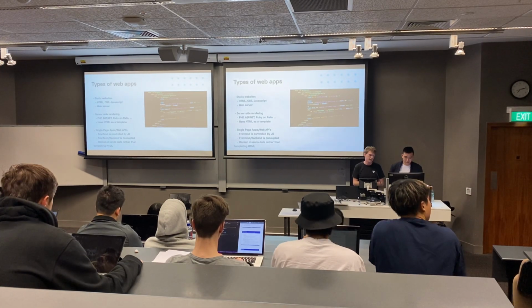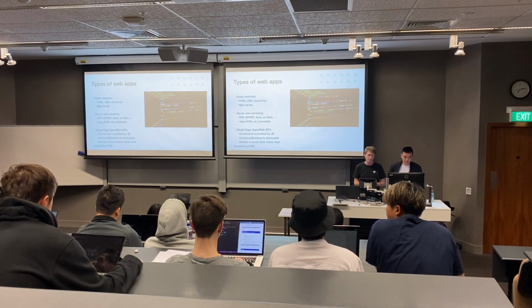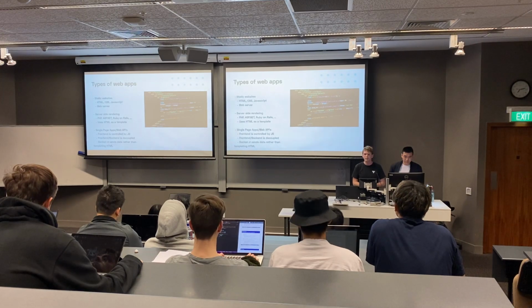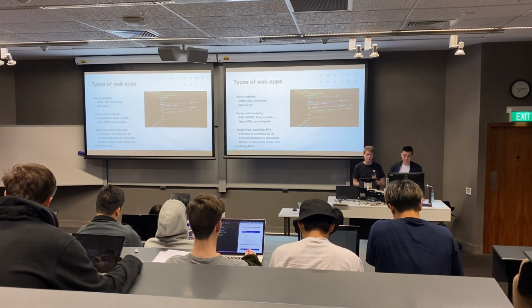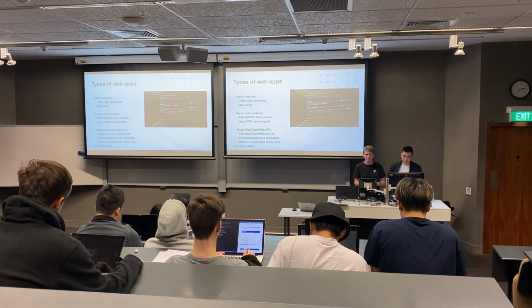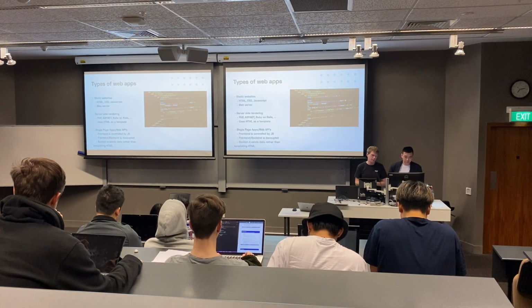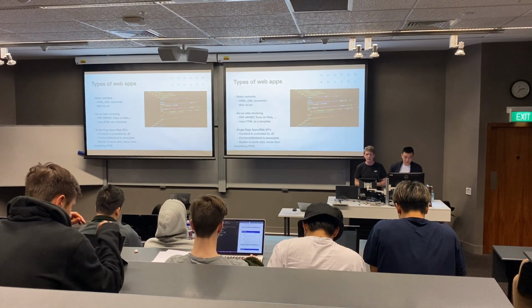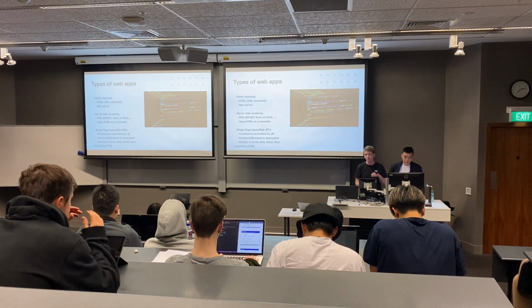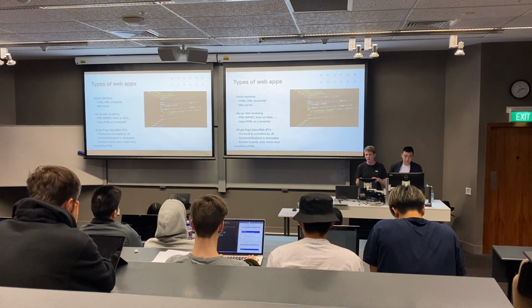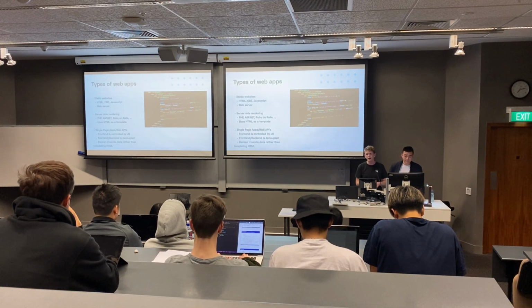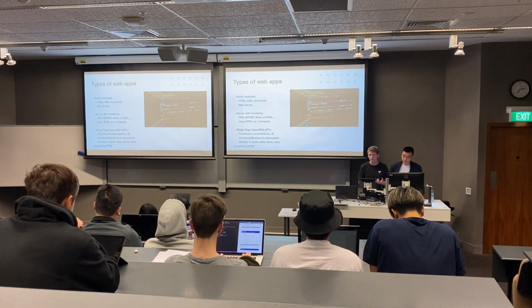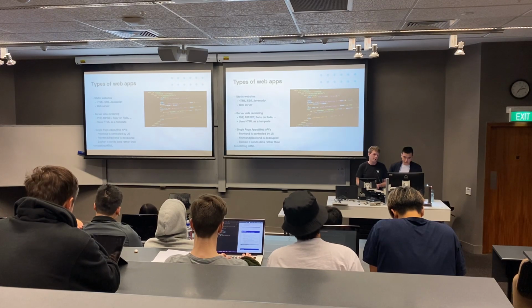And then later on, Web 2.0 was server-side rendering, which is Facebook, which used PHP, like Facebook, MySpace, WordPress, for example. And server-side rendering means that it uses HTML as a template, and the server populates it with data from the database and then sends it to the client.